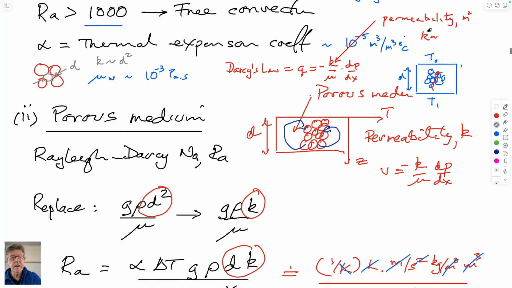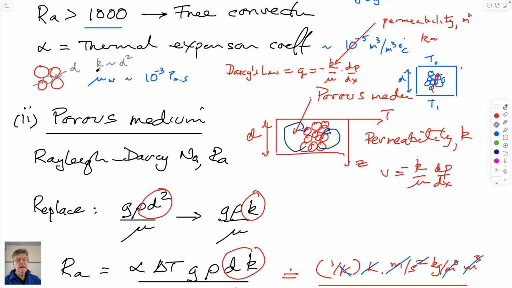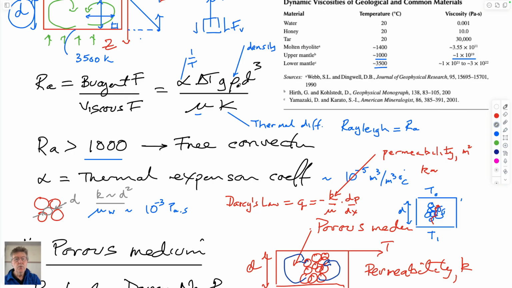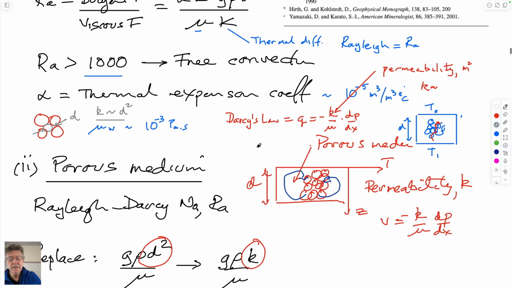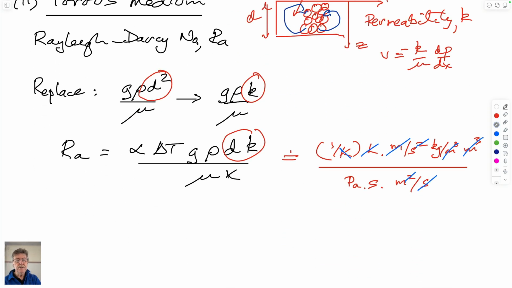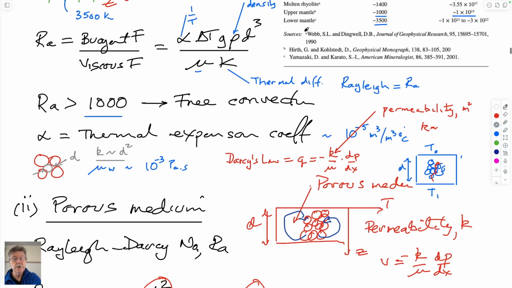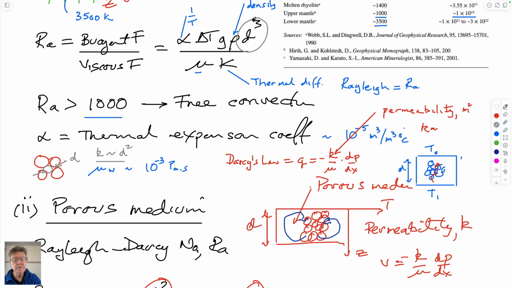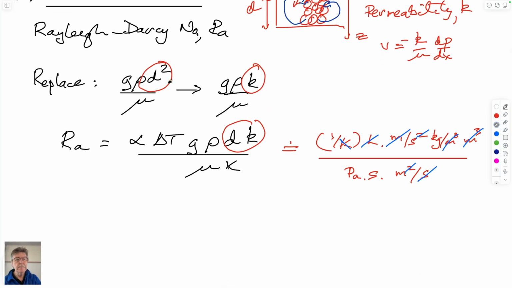And since we can define the permeability as having the same units as the grain diameter squared, we can end up replacing one of these length scales. This d cubed term includes the length dimension and splits up into two parts. One takes a portion of the diameter of the pore space squared, because that's proportional to permeability.